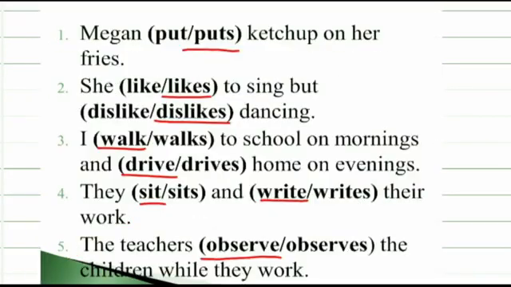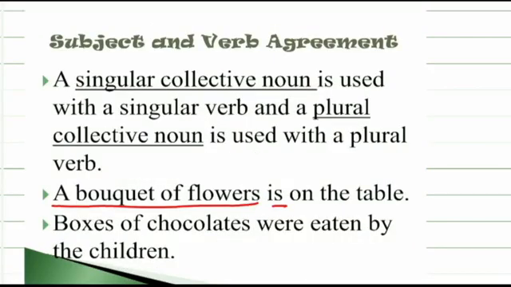Right, so your collective noun here is actually singular. So we have a bouquet of flowers. How many bouquets? Only one. So a singular collective noun is followed with a singular verb. We have the helping verb is, which is also singular.